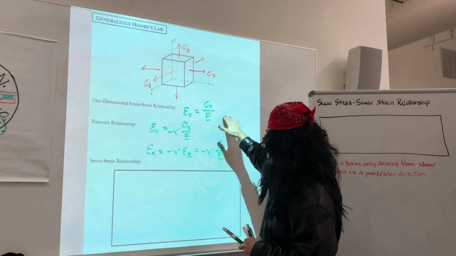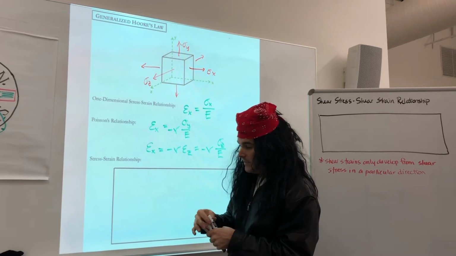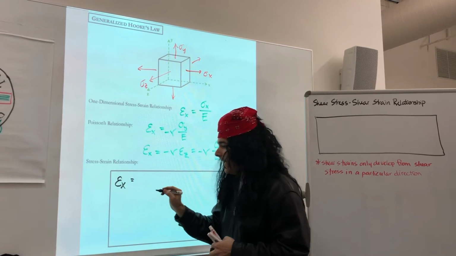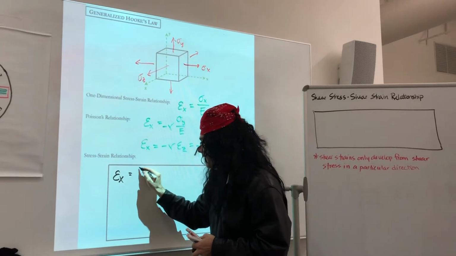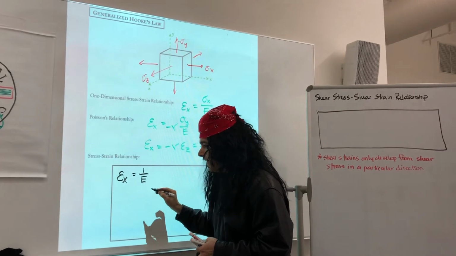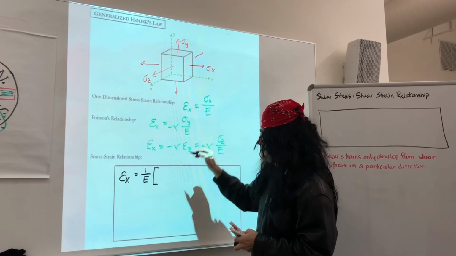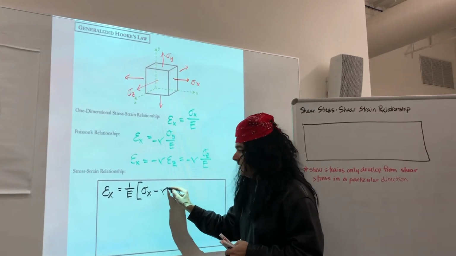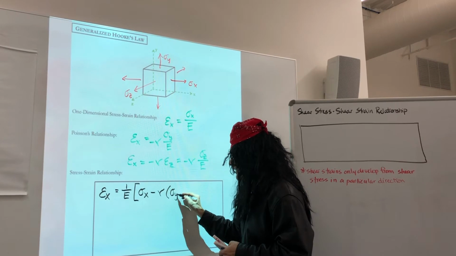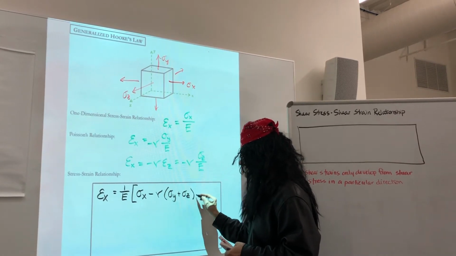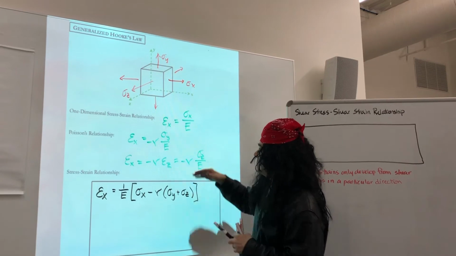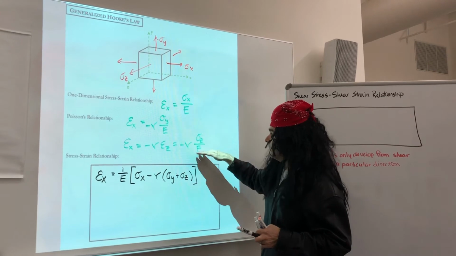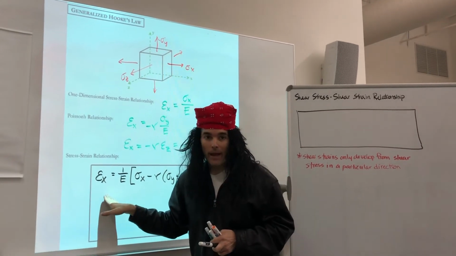So now I want to take these equations and write one general relationship for epsilon x. So epsilon x is equal to, we're going to factor 1 over E out of everything, times sigma x minus nu times sigma y plus sigma z. So I think this equation captures this plus this into one format.